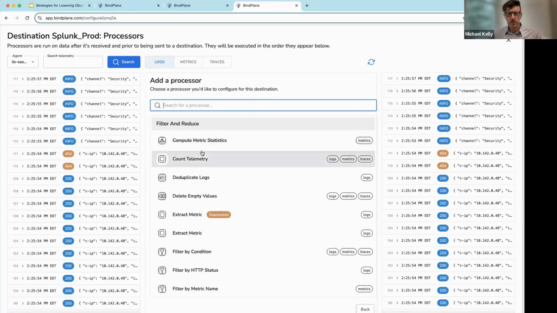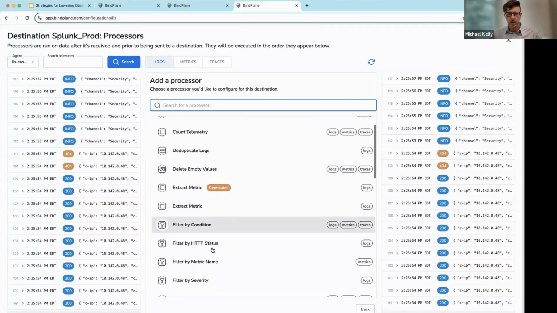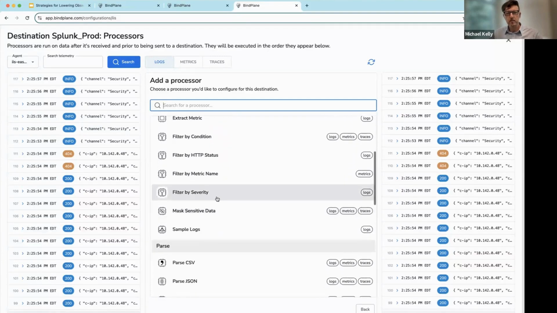But we're going to do something more powerful. Here are a few processors that are available. Some of the strategies depend on your specific workload type, but we can convert logs to metrics. We can do counts, deduplicate, delete values like you saw, filter out specific items, filter out by severity, mask data, and even do sampling on logs or metrics or traces.